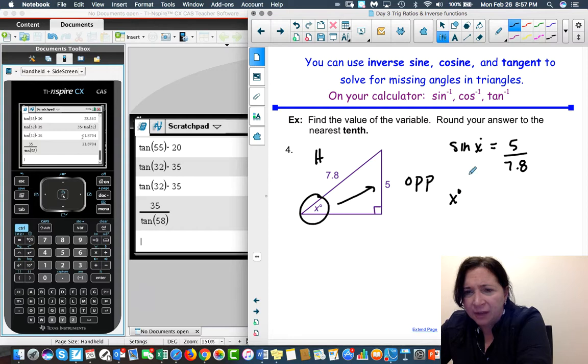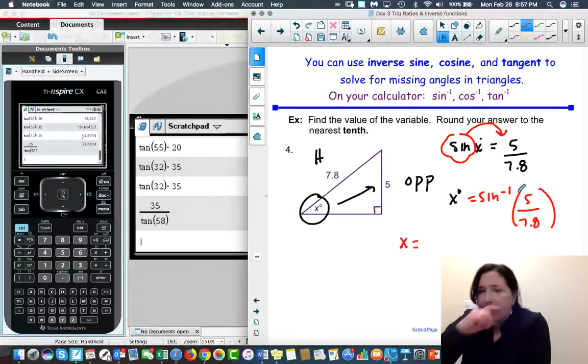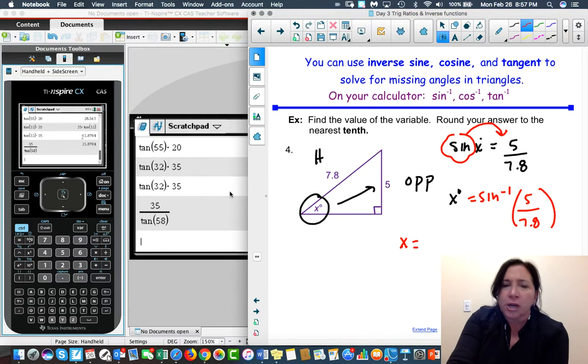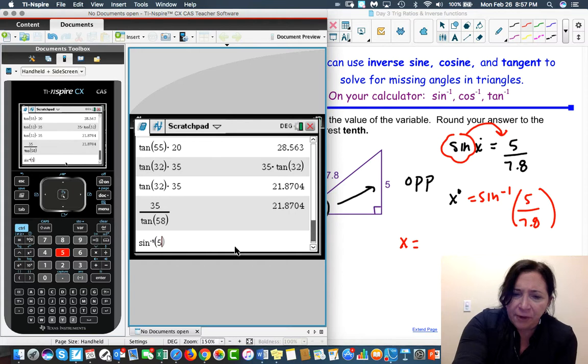So the act of moving sine over to the other side is what we call arc sine. So now we have 5 divided by 7.8, and we get x is equal to, so you're saying, where is the angle that has a ratio of 5 over 7.8? So we're going to go back to our calculator, and we're going to use trig functions, arc sine of parenthesis 5 divided by 7.8.